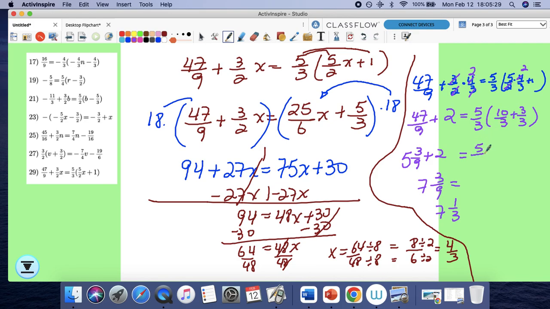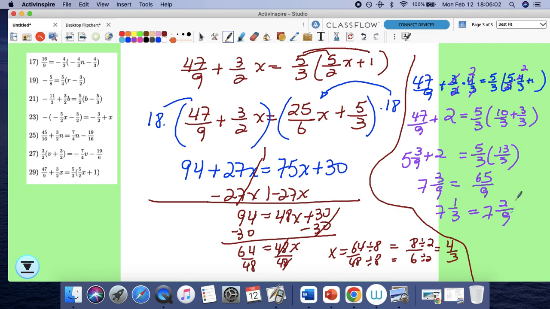So I get 10 over 3 plus 3 over 3, and I get 13 over 3. Let's see if I can simplify this. 5 times 13 is 65, right? So 9 goes into 65 how many times? 7 times, which is 63.